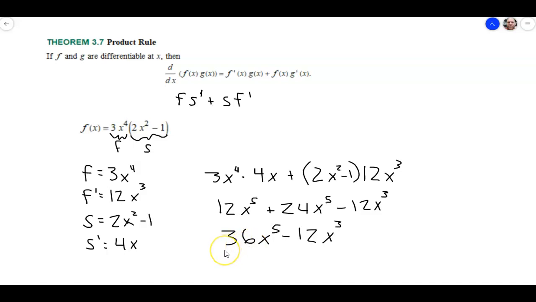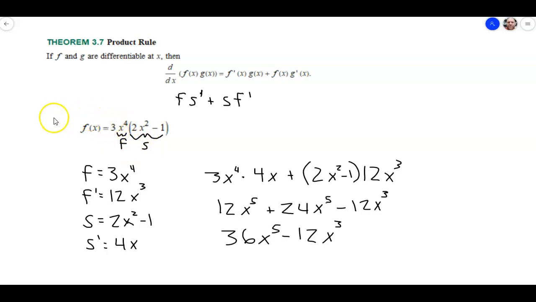And then I also wanted to point out one more thing. Let me just show you this. We could have done this slightly differently, although I think it would have been a little bit more work. I could have pulled just the x to the 4th and called that my first, and then the 2x squared minus 1, I could have called that my second, and then all I'm left with is a constant that's being multiplied.